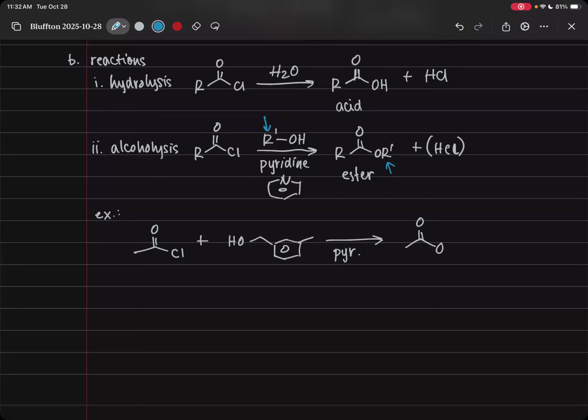So here's our alcohol. And so the R prime is going to be that. So all we have to do is put that group on there, and that is our product, ester.